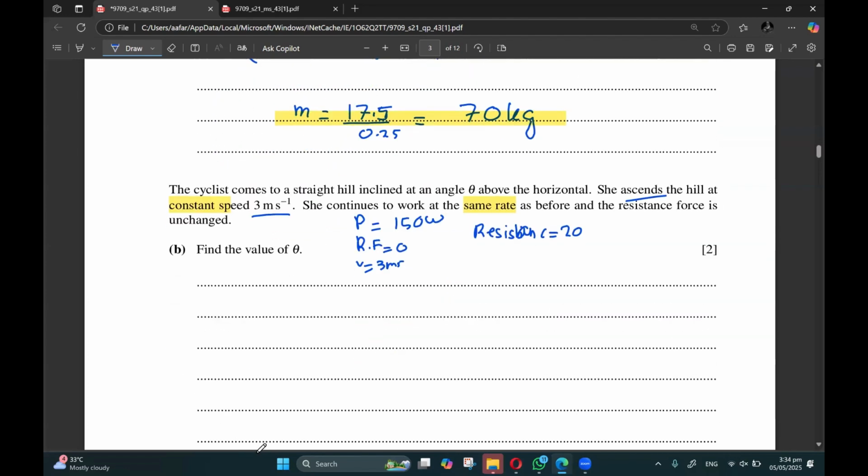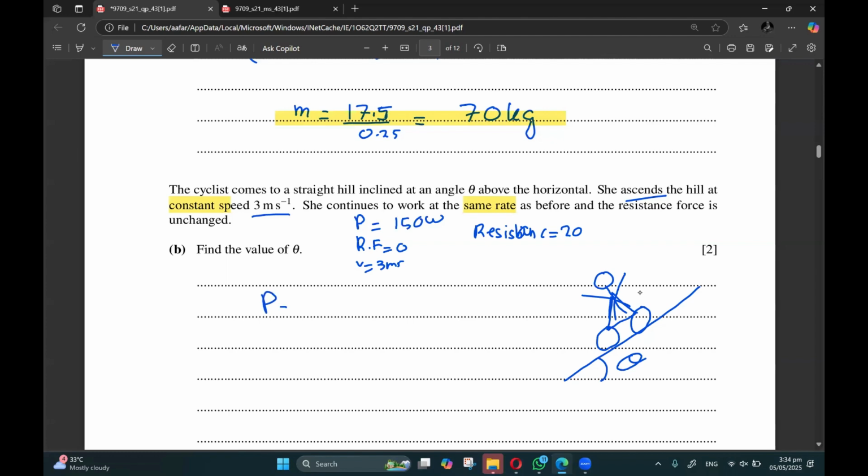So let's sketch our scenario. Let's say this is theta, and I don't want to draw the bicycle again. So let's find the driving force first.